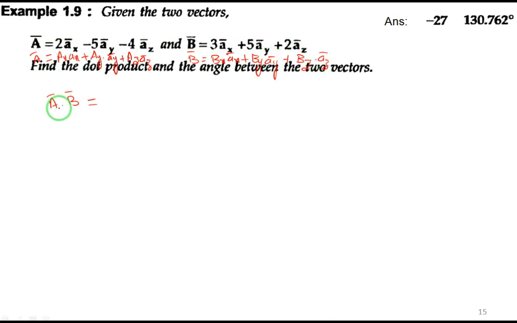We know that the dot product of two general vectors is ax into bx plus ay into by plus az into bz. Just multiply the components, you will get the answer.